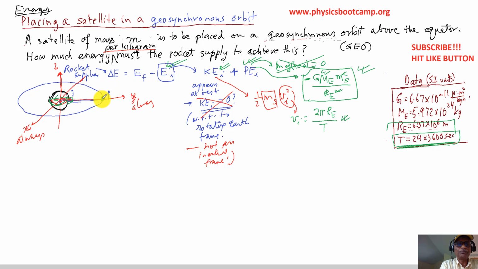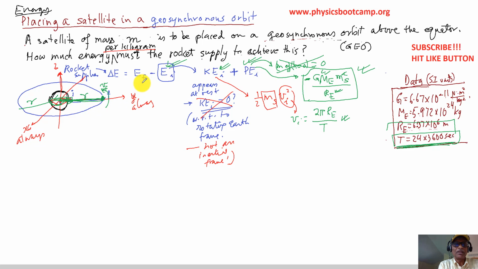At this point, it's some distance r. The radius of this orbit is r from the center, and it's going with some speed v, or call it v final if you like.